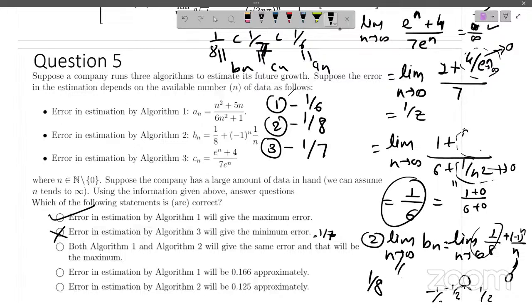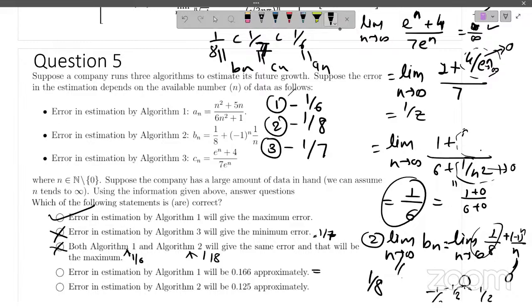Both algorithm 1 and 2 will give the same error, and that will be the maximum. This is also not true, because the error given by algorithm 1 is 1 by 6 and the error given by algorithm 2 is 1 by 8. These are not the same and these are not even the maximum. Error in estimation by algorithm 1 will be 0.1666 approximately.